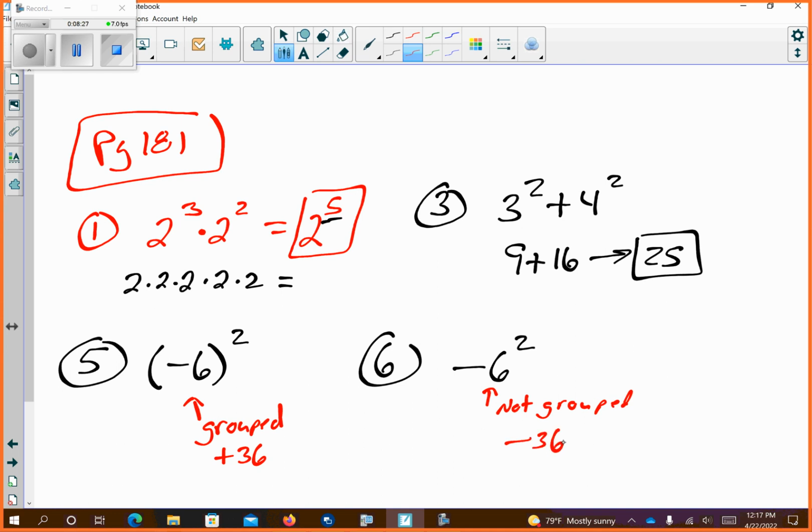That's a big one. Question? So basically for the not grouped one, you just do the equation, but then you just add a negative? Yep. Okay. So that's the big key on that page.